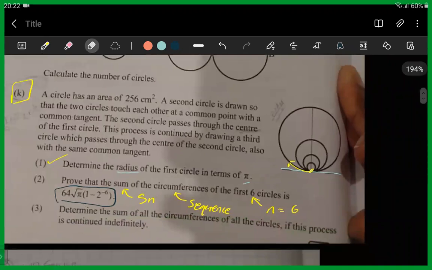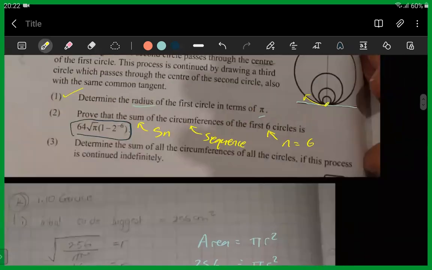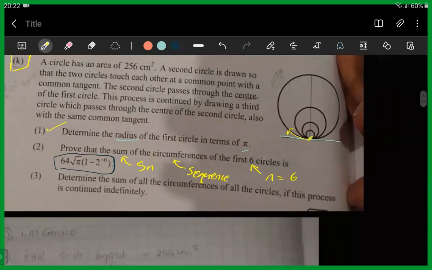But remember, we said that the diameter is being halved every time. Let's keep it simple and not do anything too complicated. If you're going to work out a sequence for the first 6 circumferences, and you want to find out if it's geometric or arithmetic, the chances that it's arithmetic are very slim, but we have to be sure. So we have to get a proper value for r.